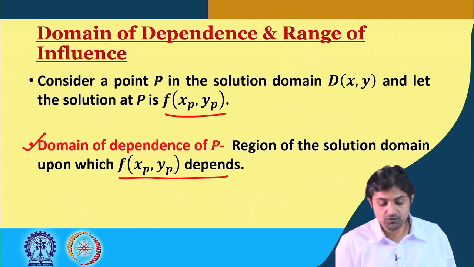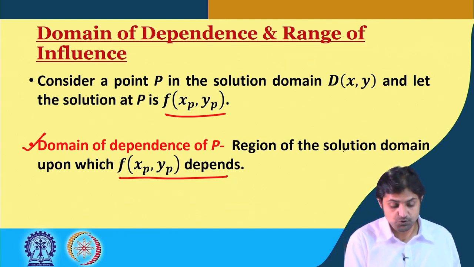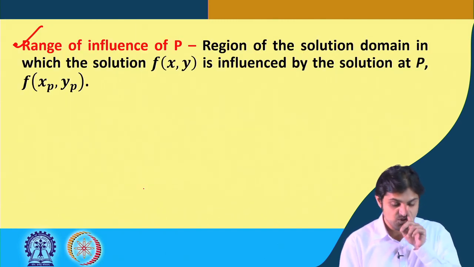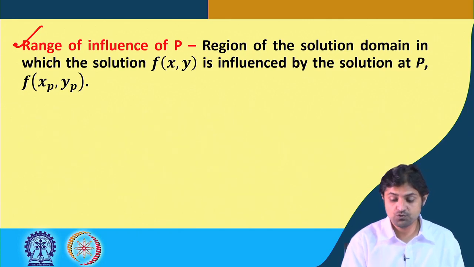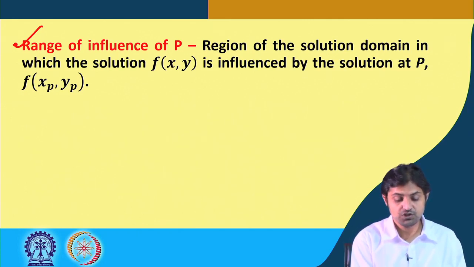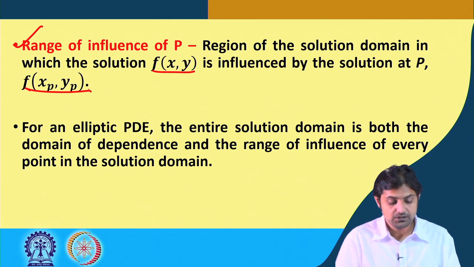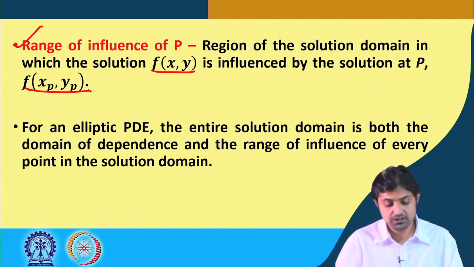The domain of dependence of P is the region of solution domain upon which f of xp comma yp depends, whereas the range of influence of P is the range of solution domain in which the solution f of x comma y is influenced by the solution at P. All right. So, applying this to an elliptical partial differential equation, the entire solution domain is both the domain of dependence and the range of influence of every point in the solution domain.